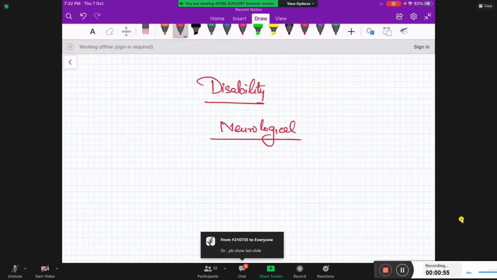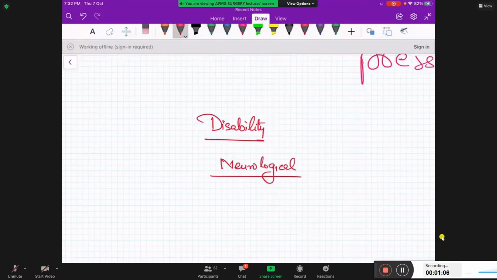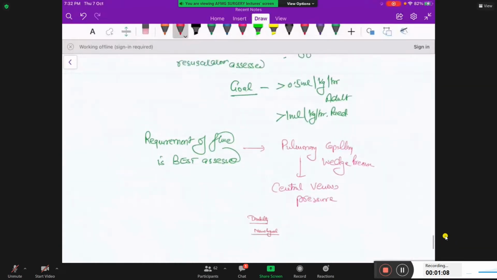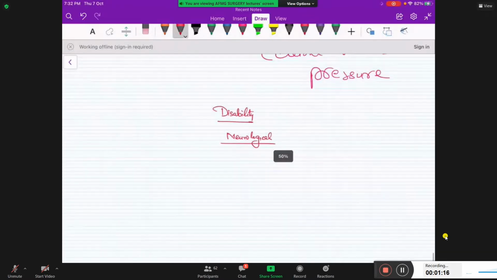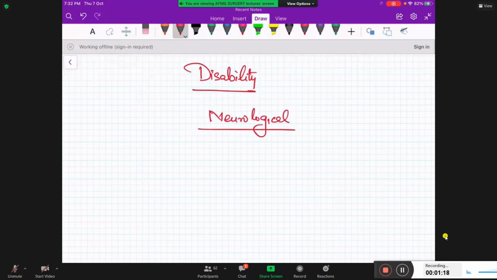In the disability part of this primary survey, we have to look for a neurological disability. And in this neurological disability, we have to see three things.